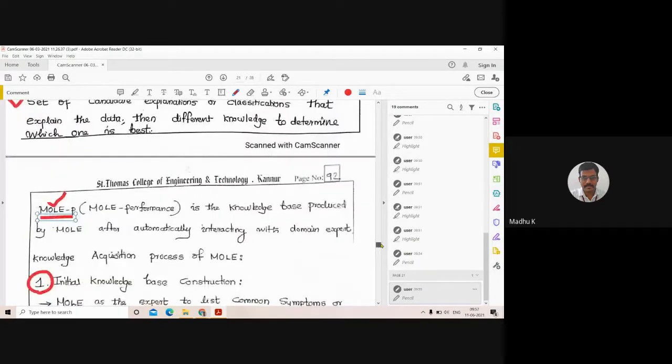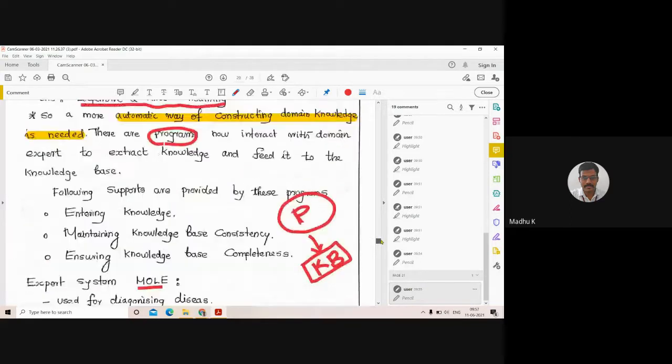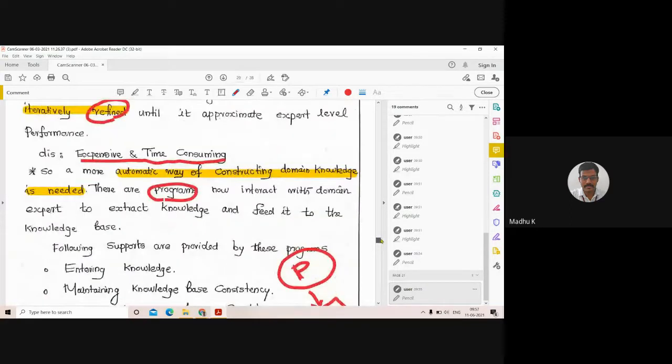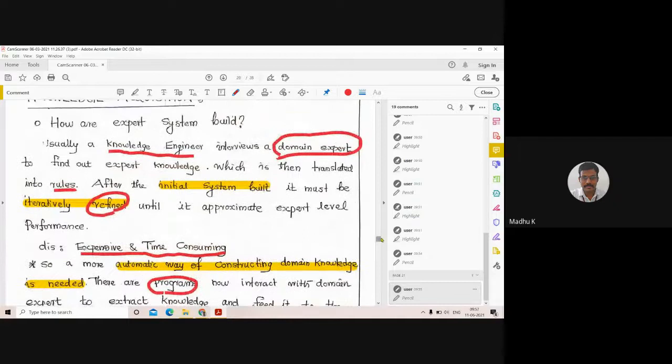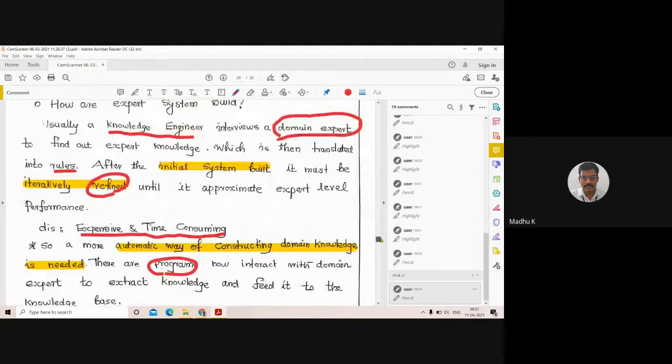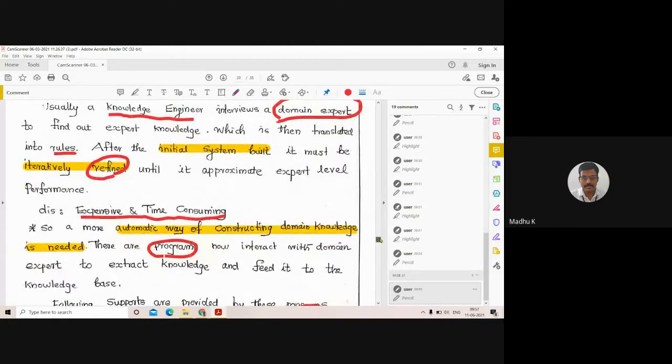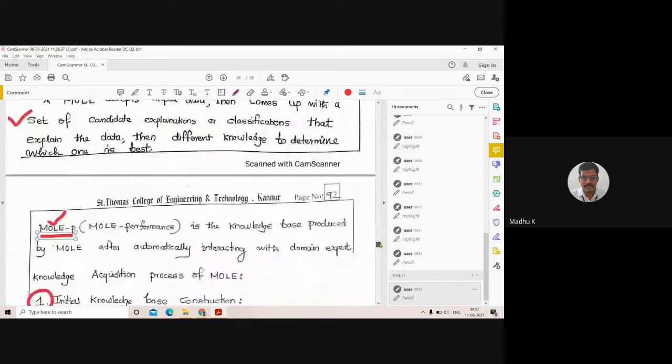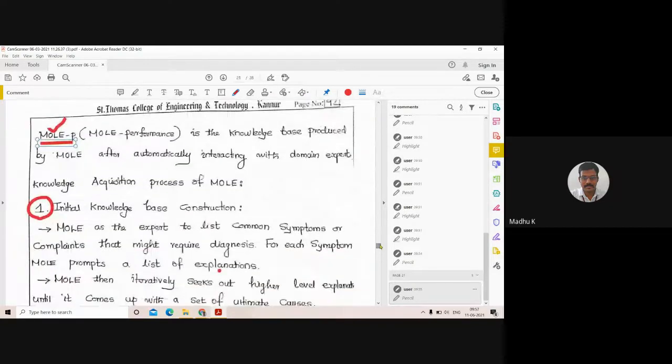So what we have done is how to create a knowledge base, how our expert system is built, and we are describing that using the example MOLE. MOLE is used for medical diagnosis, and MOLE-p is the knowledge base created by MOLE.